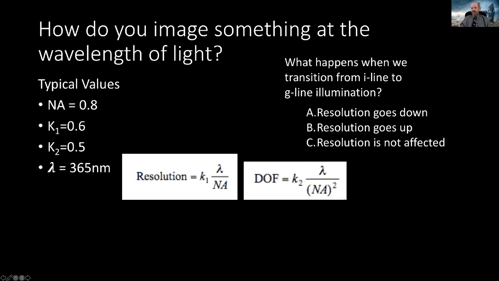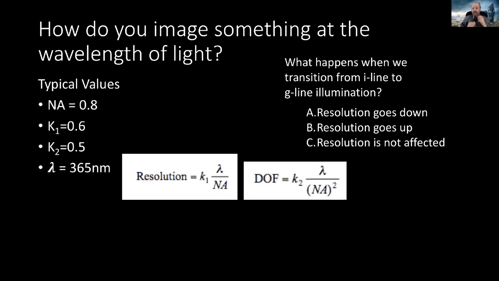Now the question here is what happens when we transition from I line to G line? Does the resolution go up or down? Well, if you remember the spectrum, I line was a smaller wavelength and G line was a bigger wavelength. So if we go from smaller to bigger, our minimum resolution will go up.